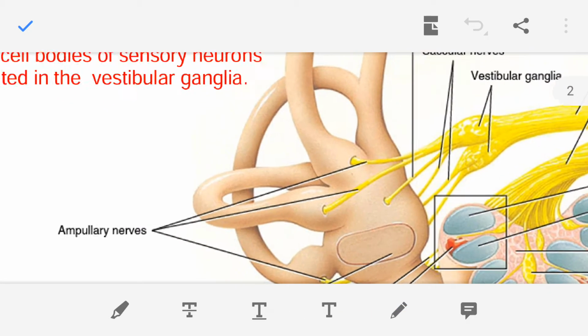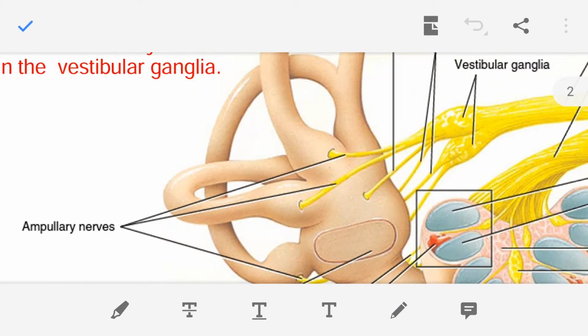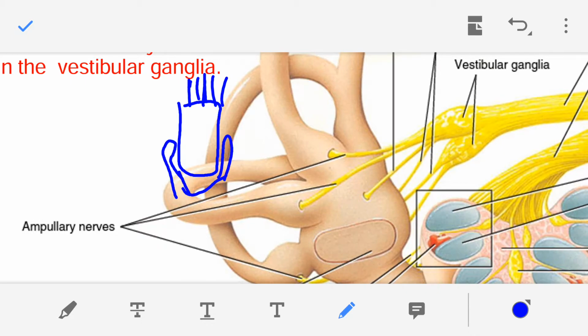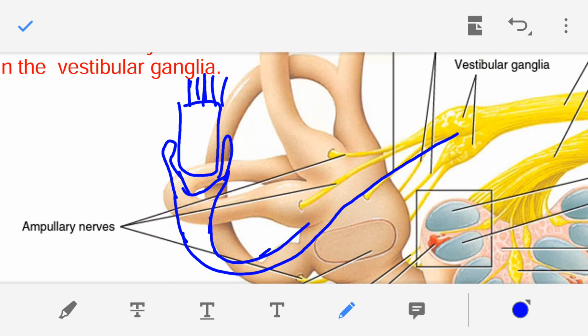If I want to draw one cell and show you, so you can understand, suppose this one is the hair cell. And now here this is the dendrite of the primary sensory neuron. The body is present over here, and this we can say is the axon.